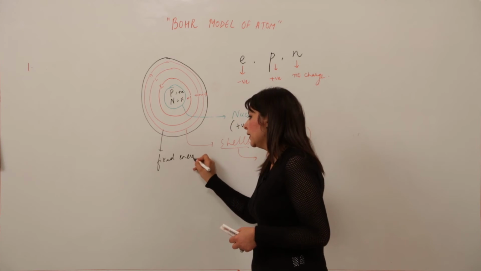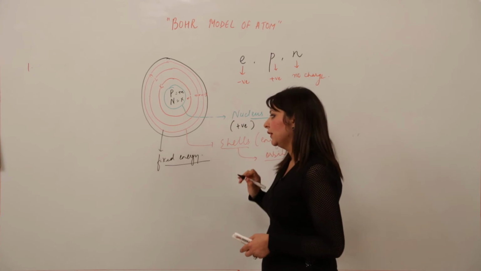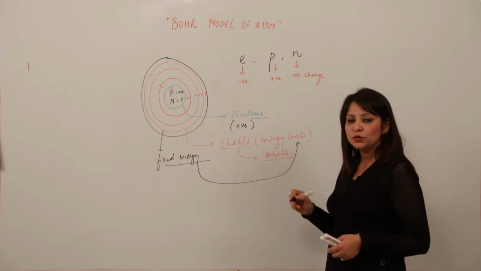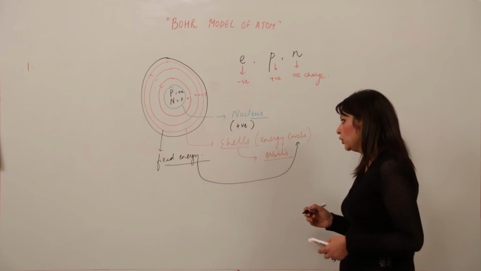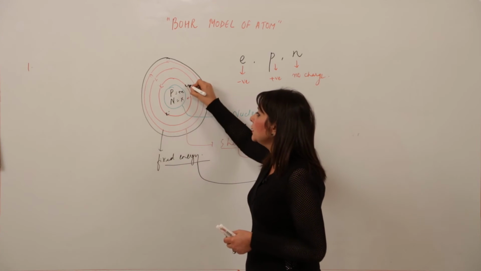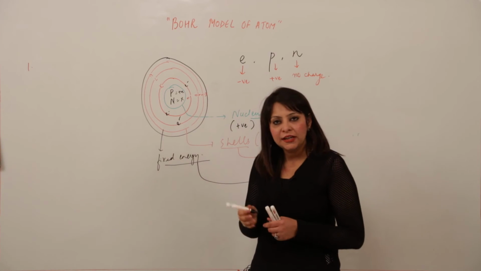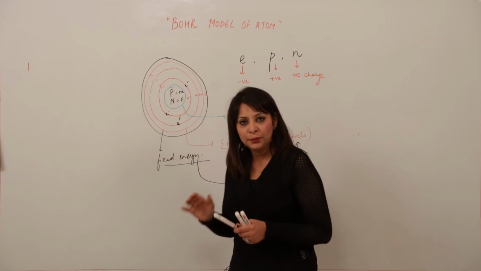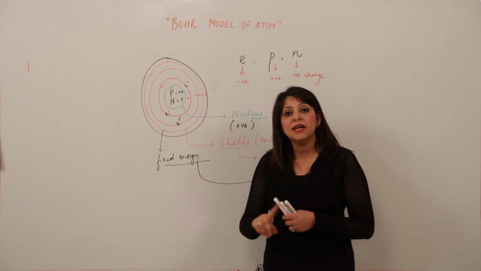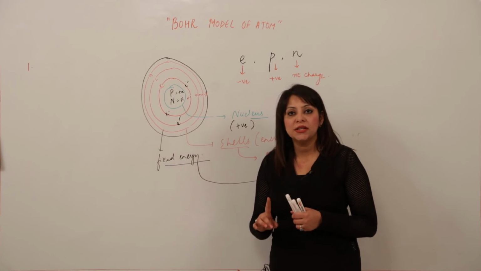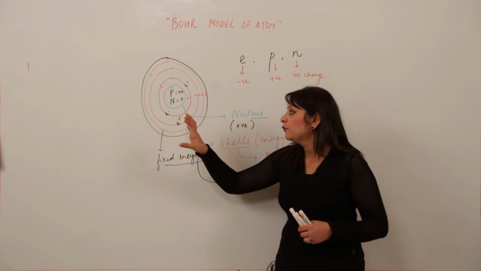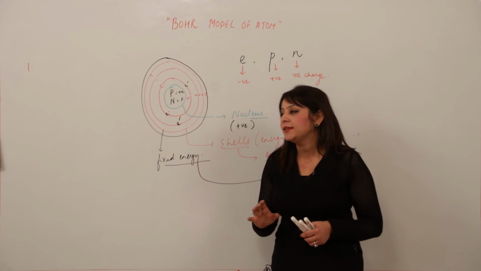So that is why the name energy levels can also be used for these shells. And then he said that electrons are present in shells, and one important thing: electrons are not stationary. They are moving in a circle in their specific orbits with certain speed.